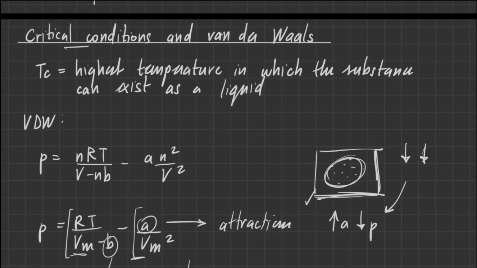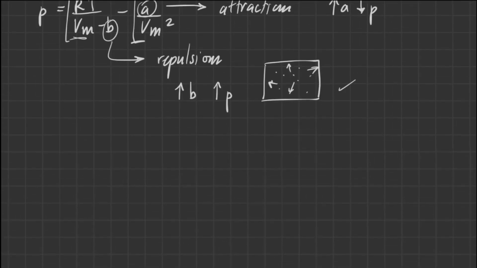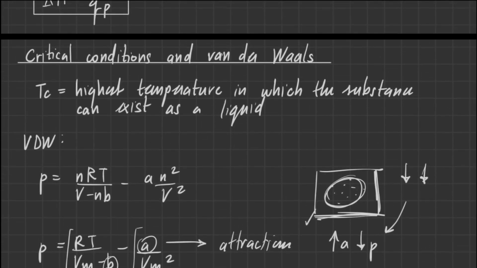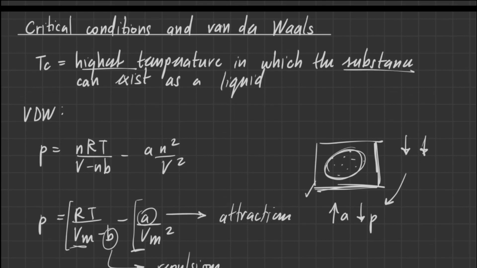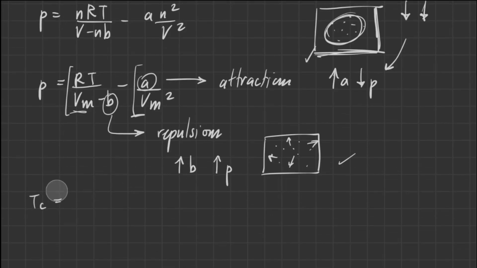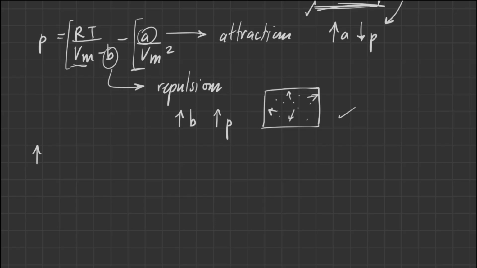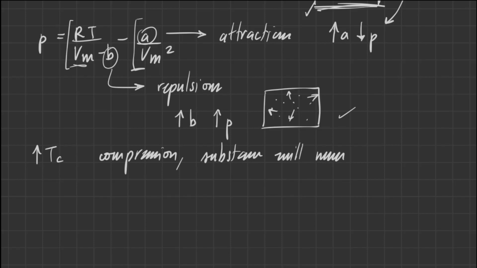What about the critical conditions? What does that mean? Well, the critical temperature is the highest temperature in which the substance can exist as a liquid. So above the critical temperature, despite any amount of compression, the substance will never be able to liquefy.